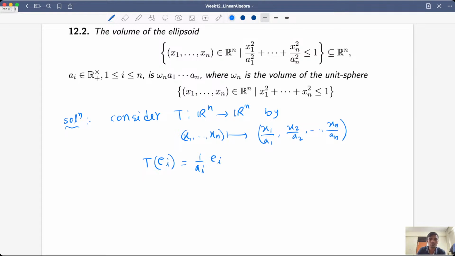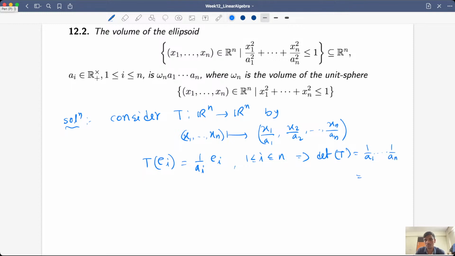So this holds for all i equal to 1 to n, which implies that the matrix of this T is a diagonal matrix with the diagonal entries 1 by a1, 1 by a2, 1 by an. So that means the determinant of this T is 1 by a1 up to 1 by an, right?